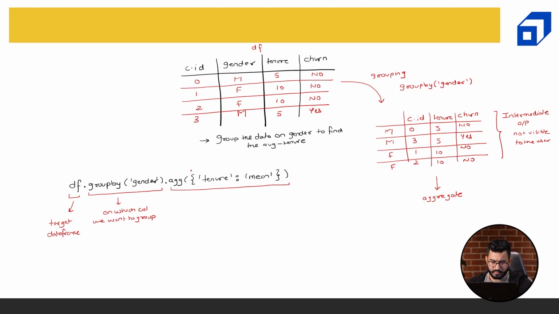Please remember, here you can carefully observe we have a dictionary. This dictionary has the key as the column name on which you want to perform the aggregation. Then the value is the aggregation function.